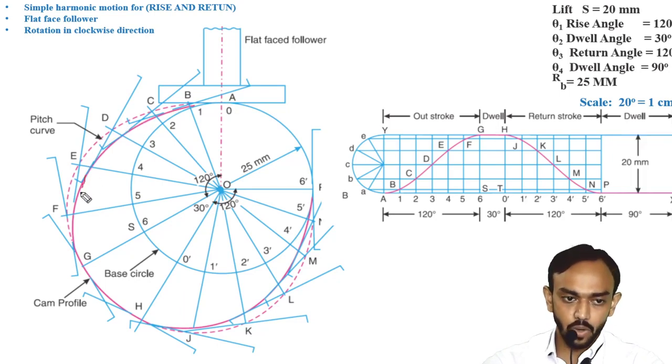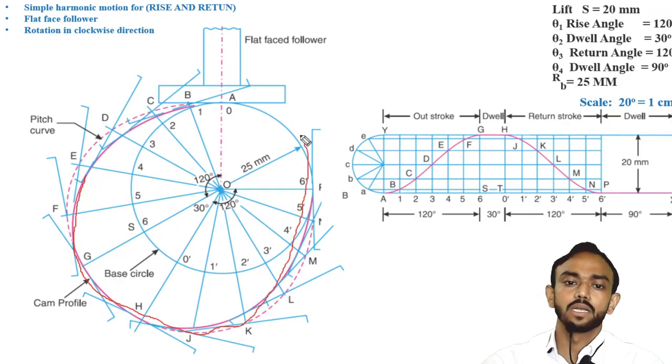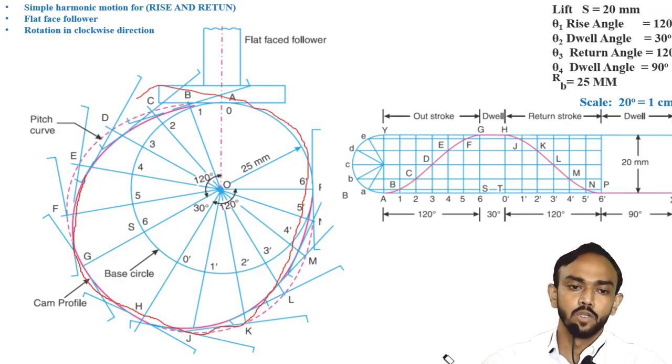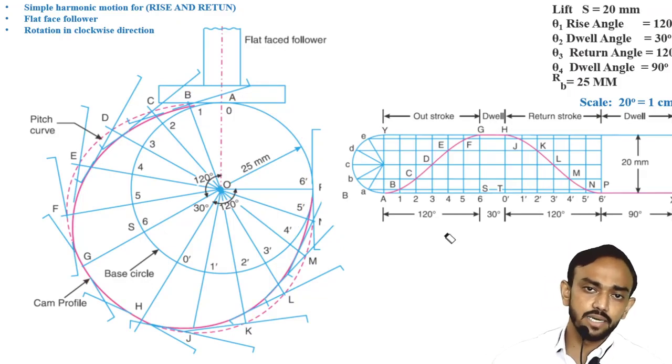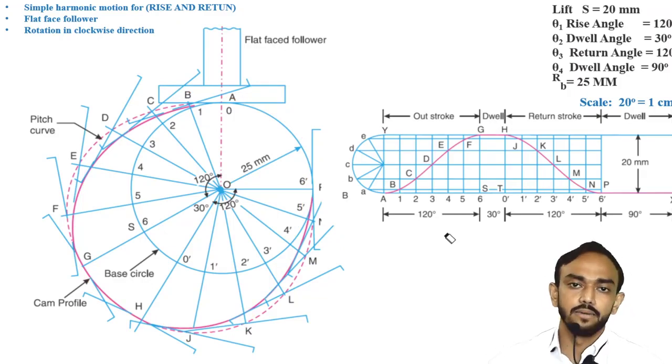Okay, at any point it must touch, and complete the profile. Okay, very similar to knife edge, only we have to make the flat face at every point and draw the profile so that it contacts every flat face. Okay, thank you.